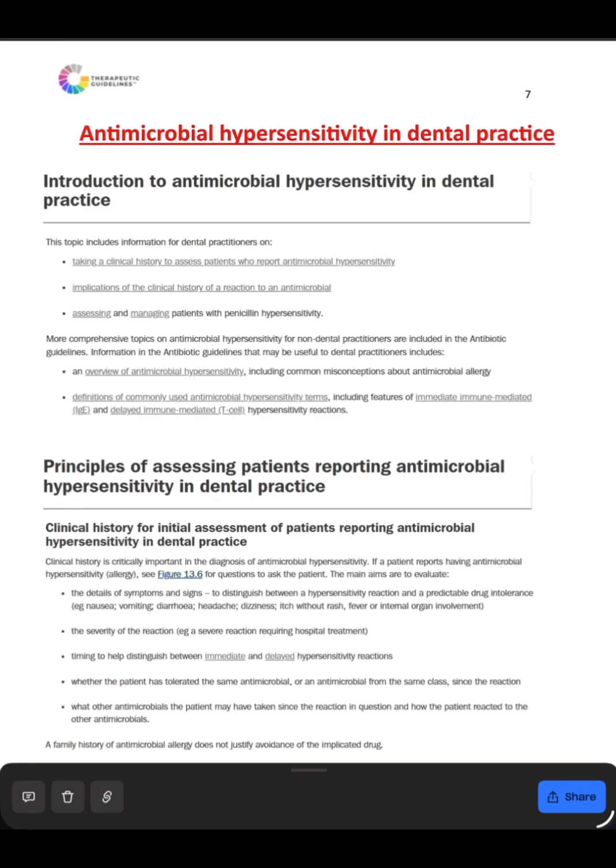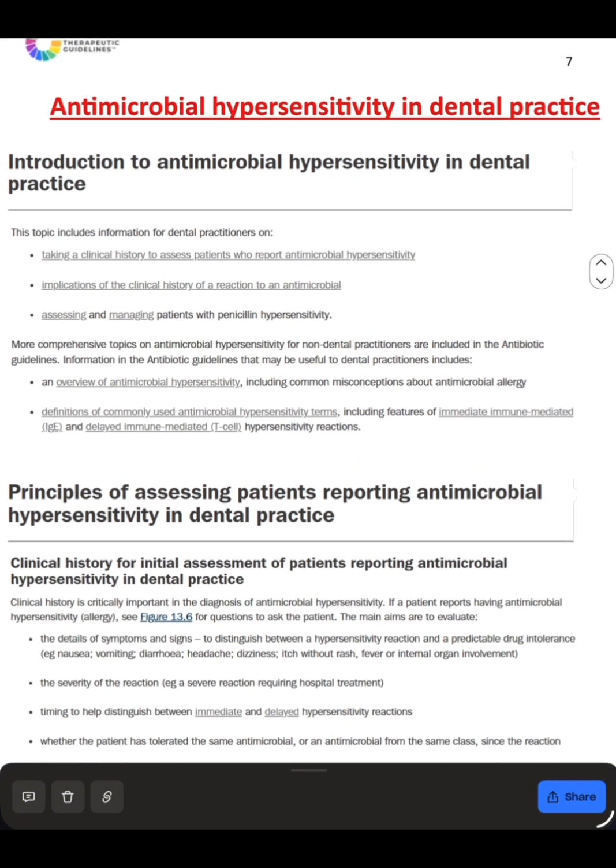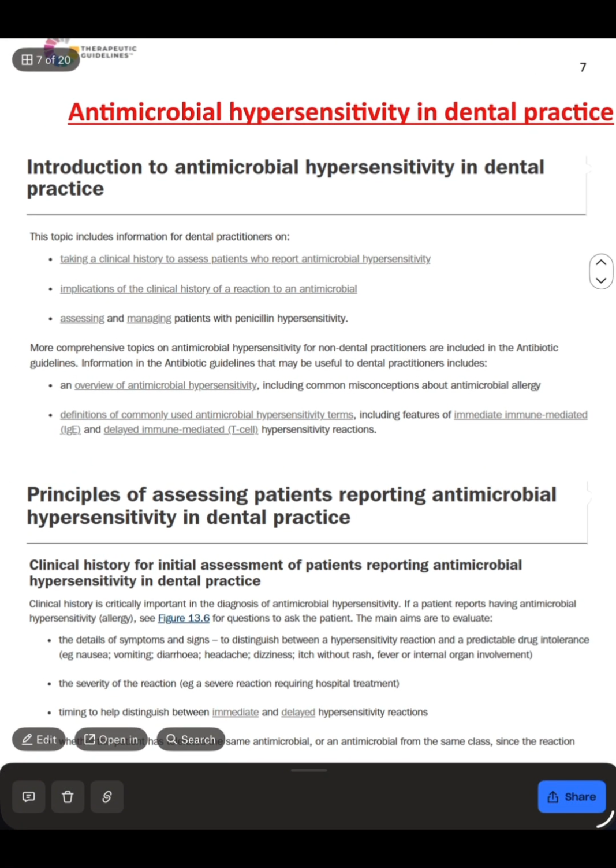Okay, our next topic is antimicrobial hypersensitivity in dental practice. Introduction to antimicrobial hypersensitivity in dental practice. This topic includes information for dental practitioners on taking a clinical history to assess patients who report antimicrobial hypersensitivity.